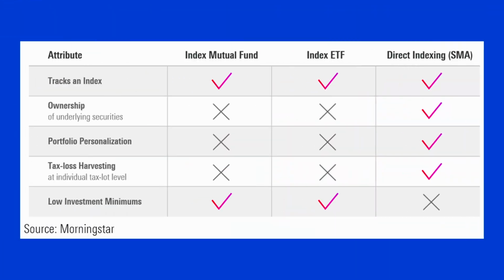Next chart: the index versus the ETF versus direct indexing. An ETF, exchange traded fund, is just like mutual fund 2.0. You can't own the underlying securities in the mutual fund or the ETF. They're there, but they're owned by the fund. Whereas in a direct index, you own the individual companies. So stock A goes up, stock B goes down, and in the index tool itself you get the average of those two.